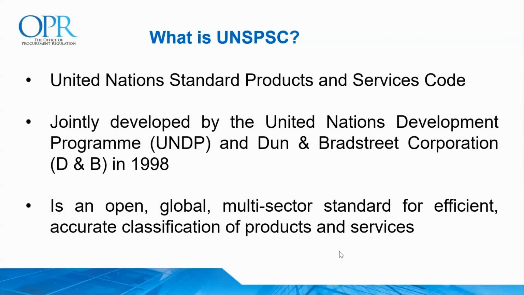It is an open, global, multi-sector standard for efficient, accurate classification of products and services. Open means that it is in a shareable, easy-to-use format, and global means that it's being used internationally. For instance, the government of New Zealand adopts this coding standard for its goods and services.